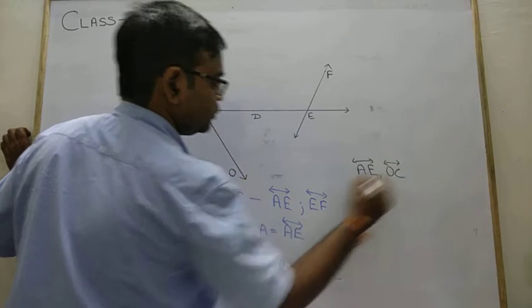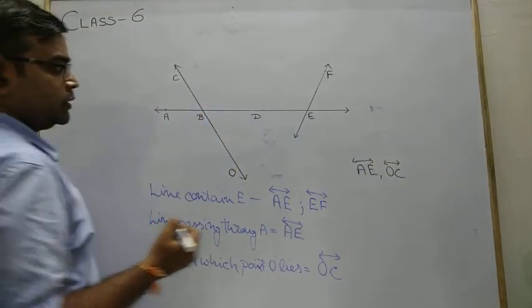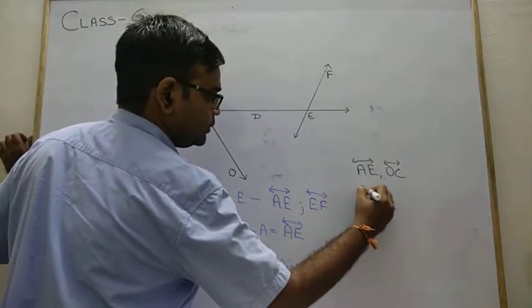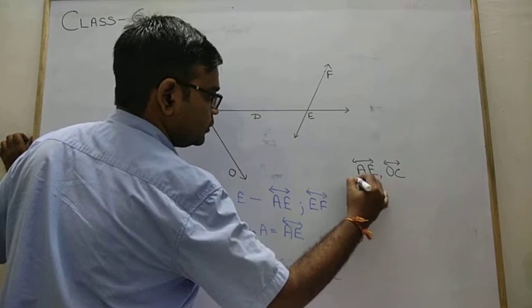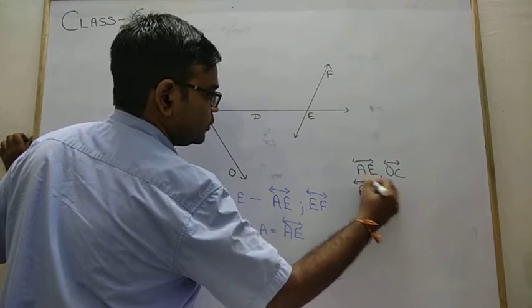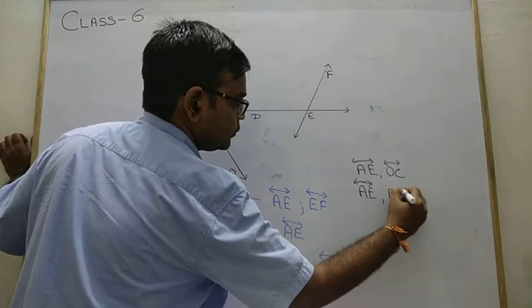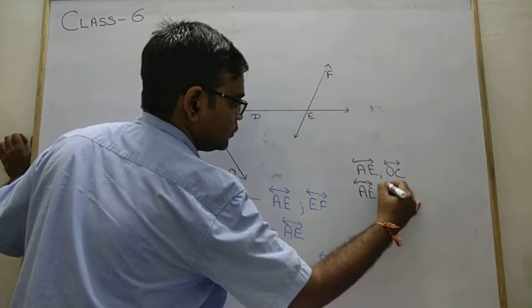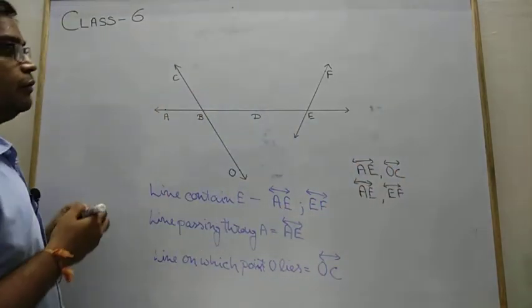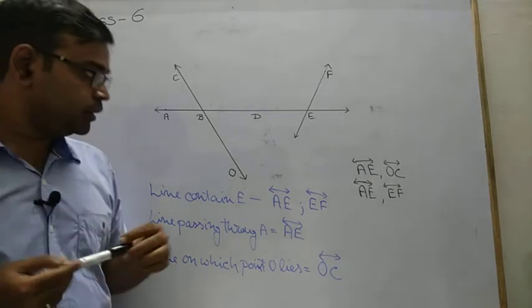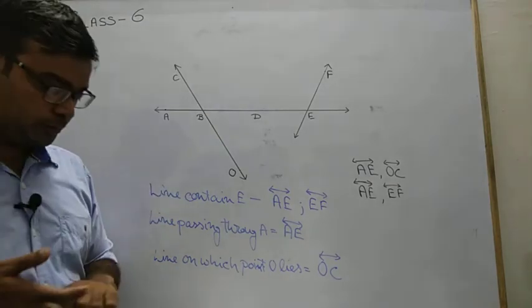This is your first pair. Then the second pair, again we have AE and then we have EF. So there are 2 pairs of lines which intersect each other. Likewise you have to solve.